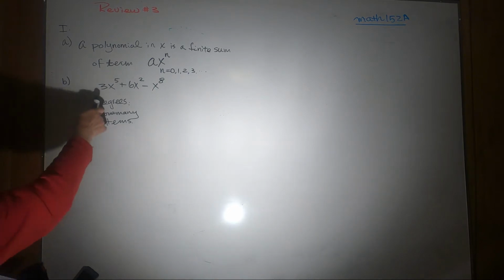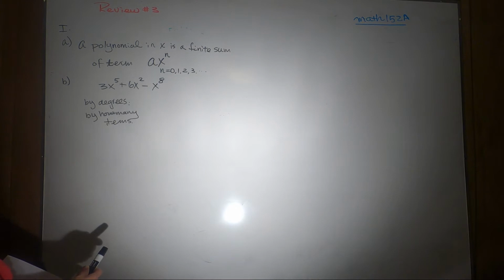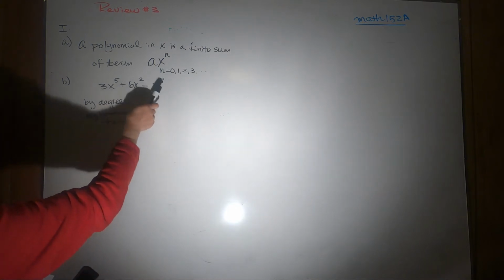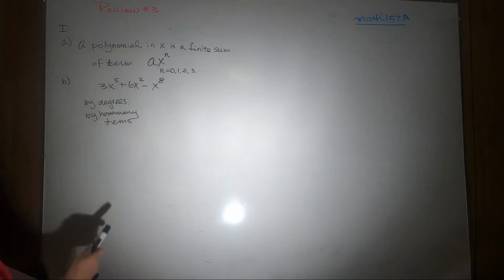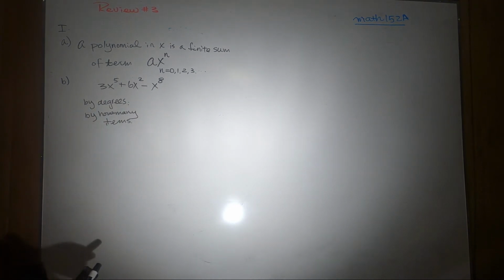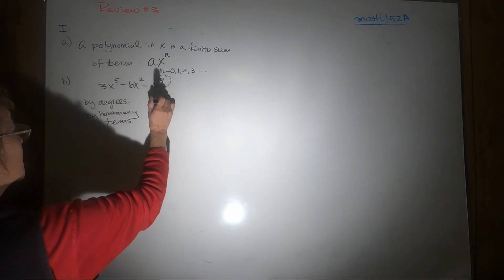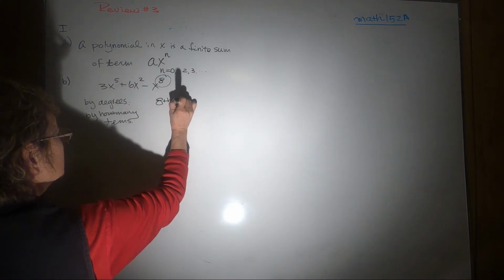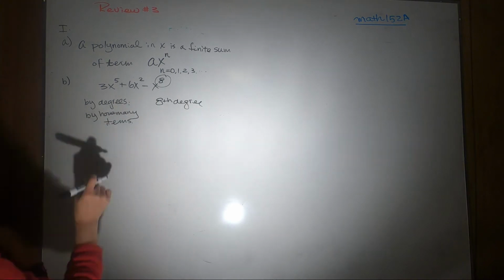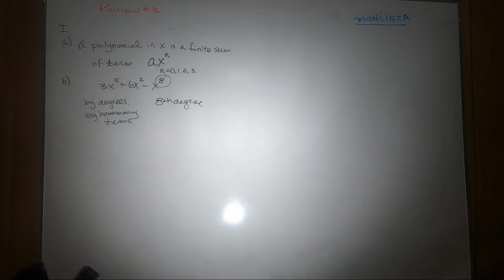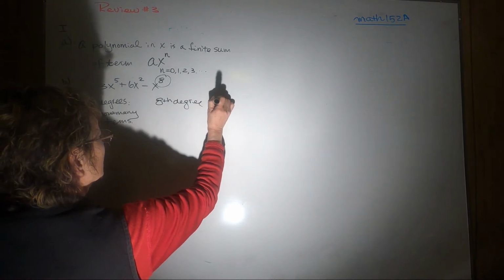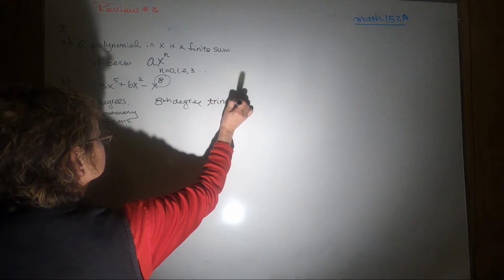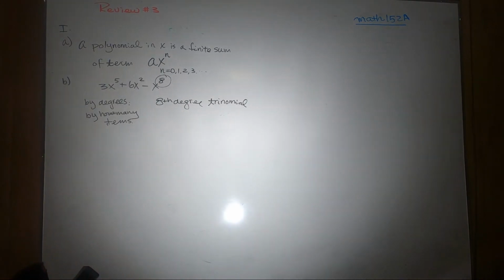What do you think of this degree? Which is the highest one? Each one has a different degree, right? This is the 5th degree, 2nd degree, 8th degree. But which one is the highest? 8, right? So we say it's 8th degree. How many terms do we have? 3 terms. So we say it is an 8th degree trinomial. That's how we describe a polynomial, right?